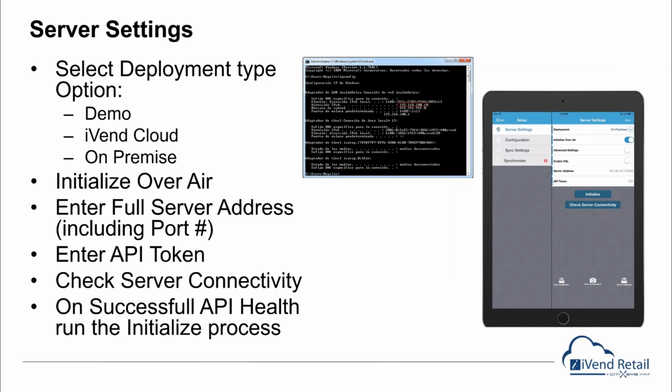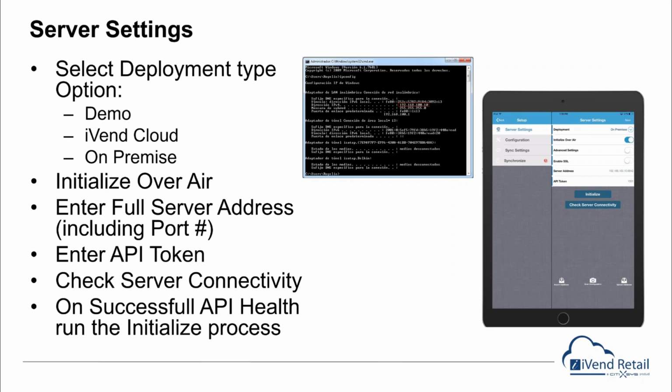But once you want to connect to your store server or to your enterprise server, all you do is change that deployment type to on-premise, and then you can either initialize over the air, or you can also do it through a backup.